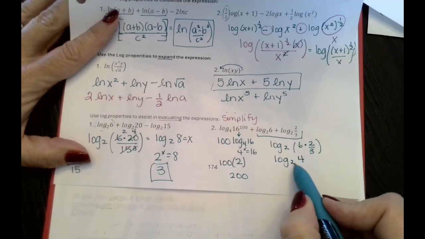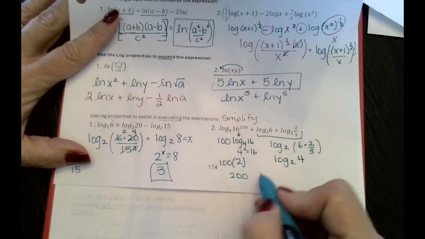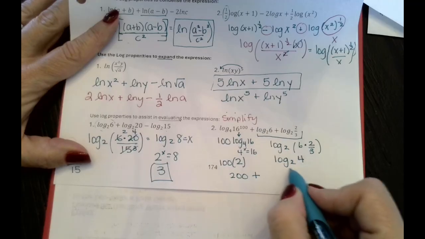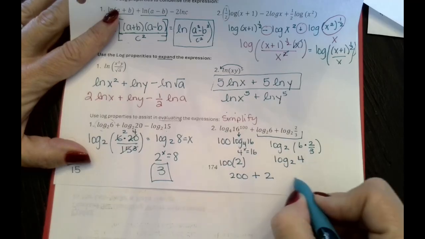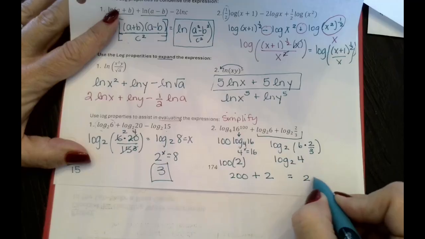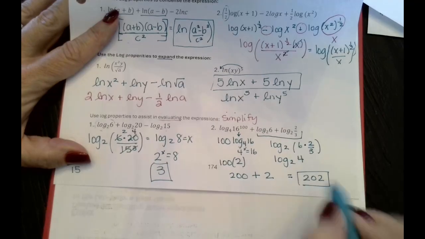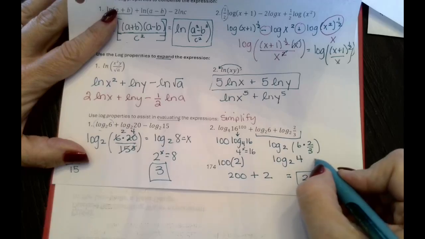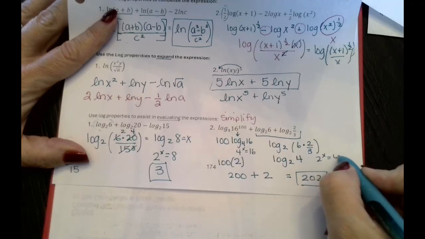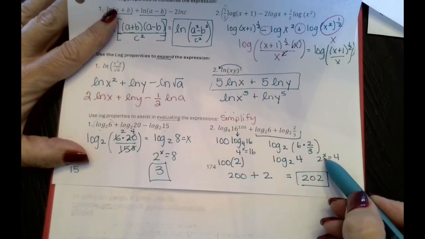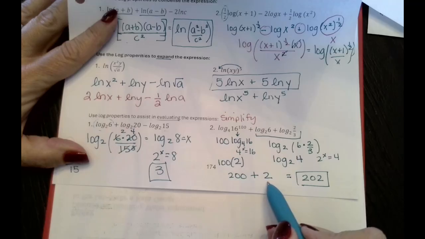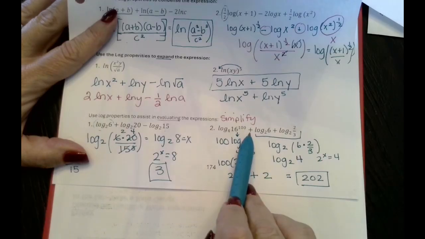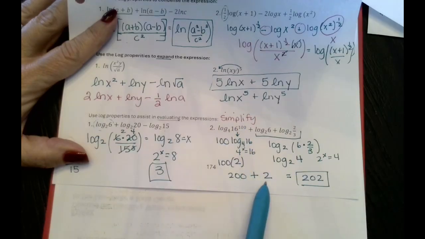Okay, so 2 squared gives me 4. So I'm adding. So if this whole thing here becomes a 2, my answer here is going to be 202. So again, I simplified this out. And I kind of shortcutted this, but remember 2 to the x equals 4. So x has to equal 2, and that's what this is. Because I'm adding up here, I've simplified this out, and here's what I got. It equals 202.